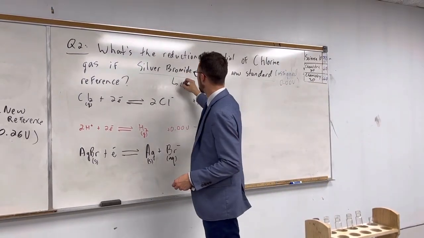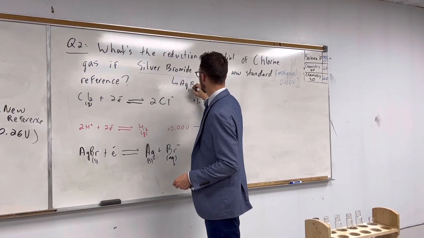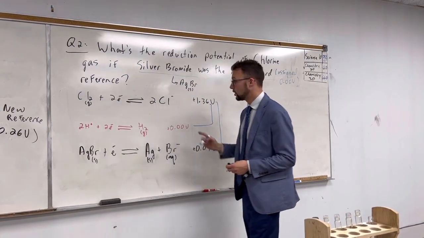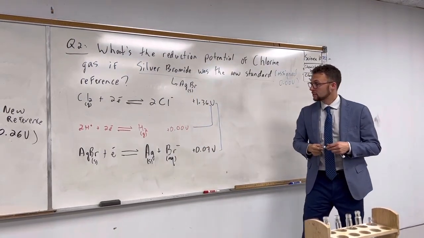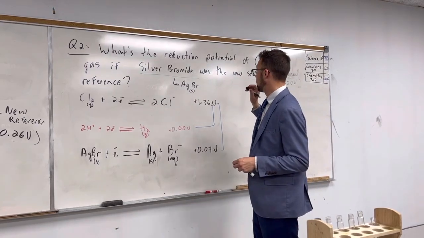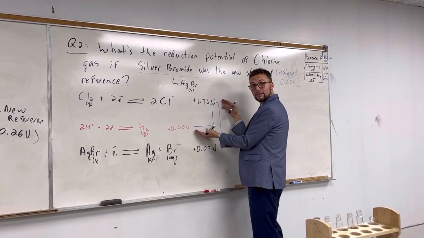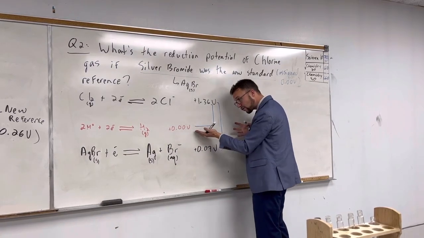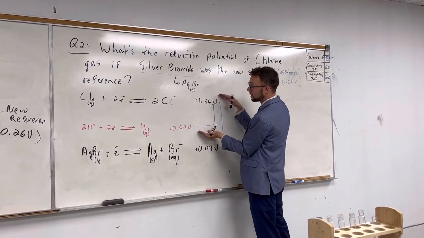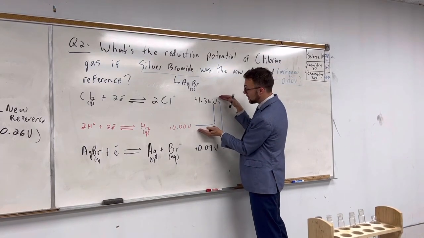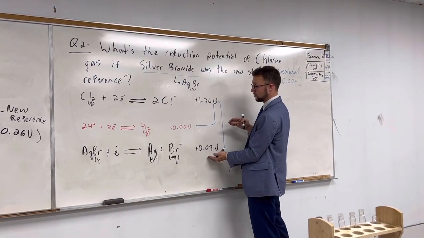Silver bromide is AgBr solid, and you can find that in your data booklet. Your chlorine reduction potential is going to be positive 1.36 from here to here, which is the hydrogen reference. But now we're moving that down.